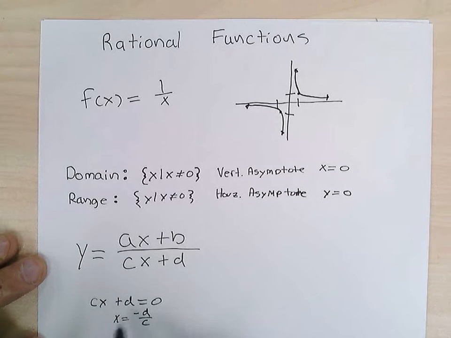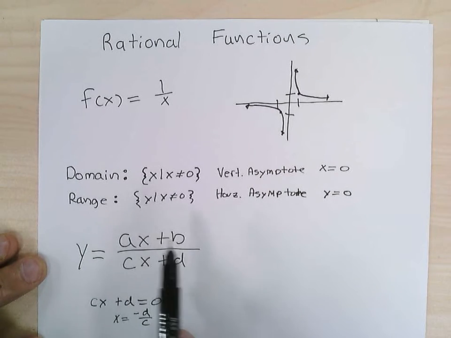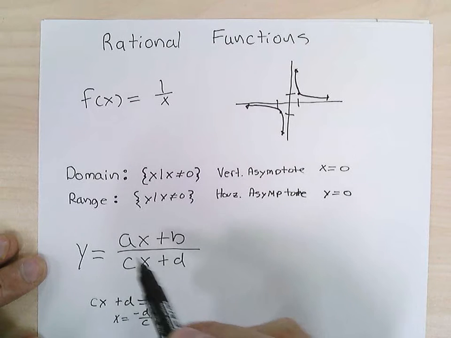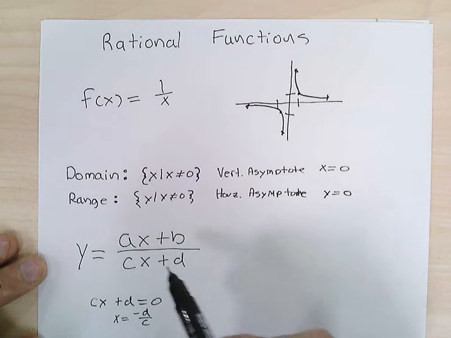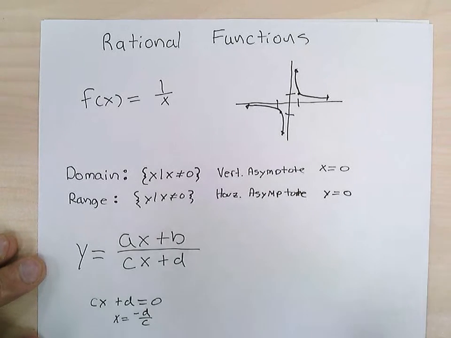And you can use this formula right here if it's in this form, two basic linear equations. You can always use that to find the vertical asymptote, but it also helps you find whatever the domain is. You could use the formula, or you could just always solve.